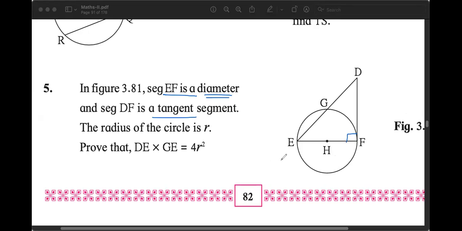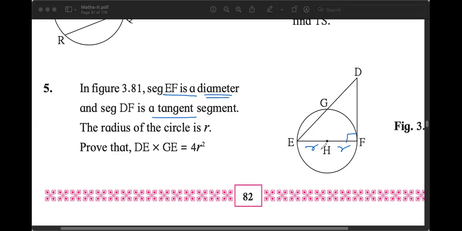So where is the radius? HF is the radius. Any line from the center to any point on the circle is a radius. So this is perpendicular. Also, when it says the radius of the circle is R, HF is R, EH is also R. All the radii of a circle are congruent, they are of the same length.